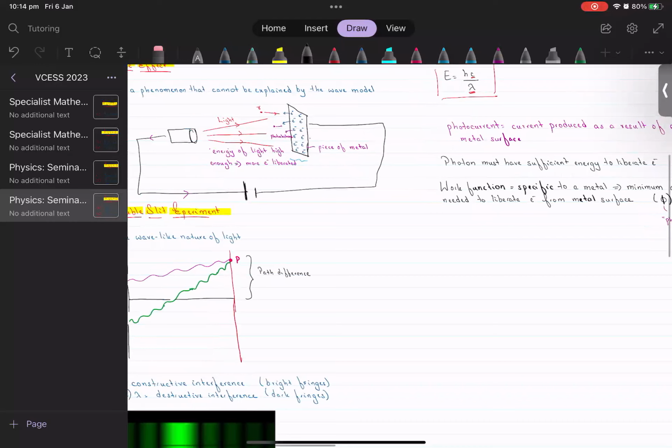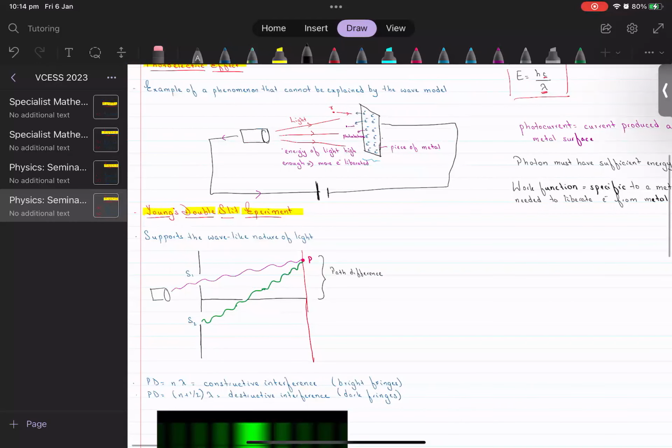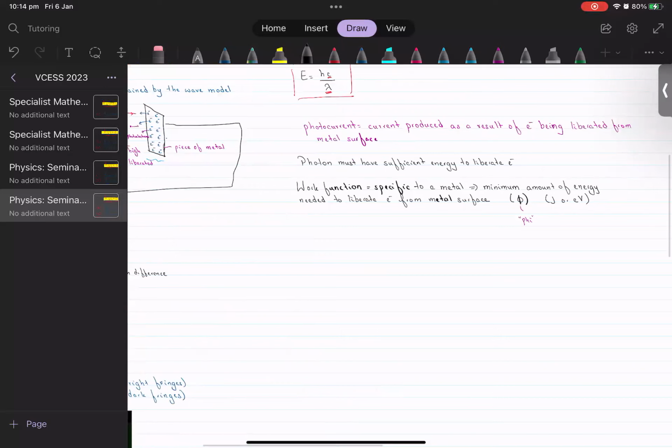Okay, so how does this actually explain the particle model? Well, what we notice is that if we increase the intensity of the light wave, sorry, I said wave, I meant particle.